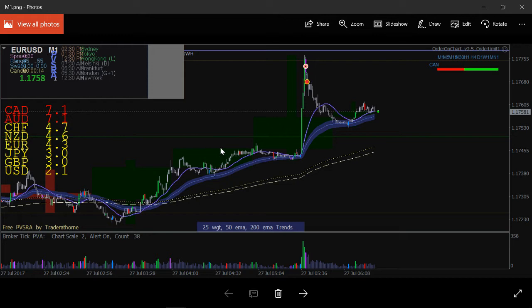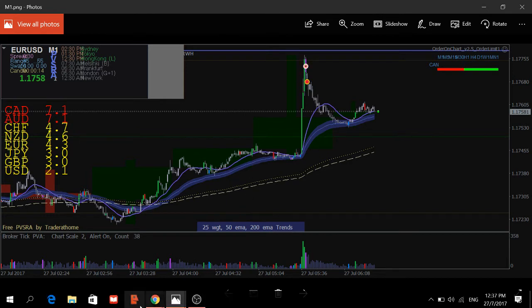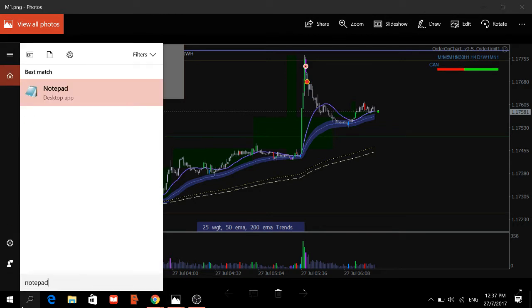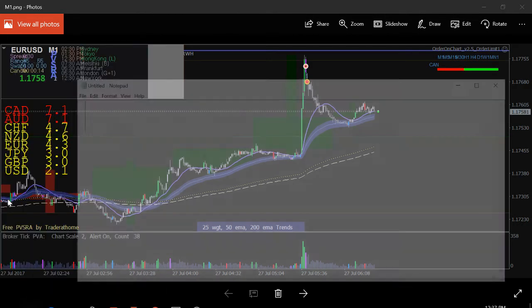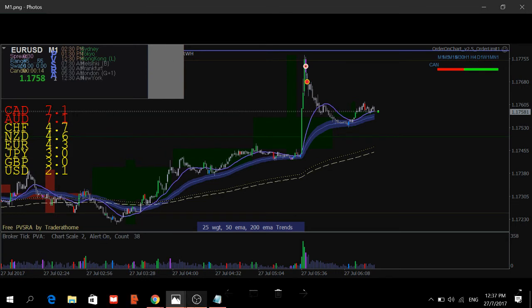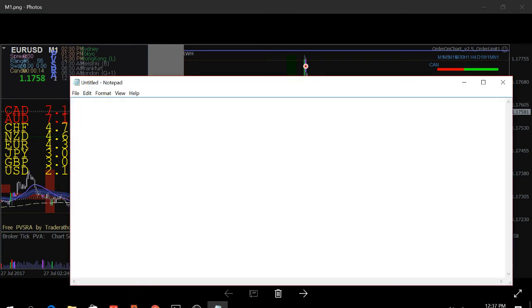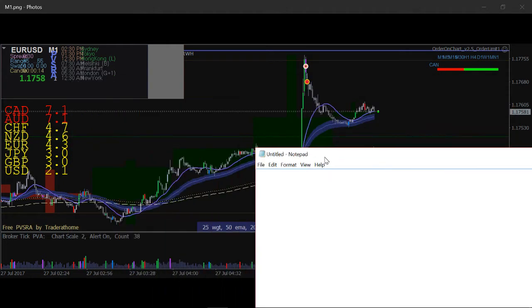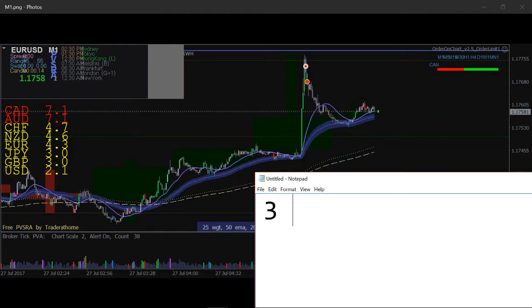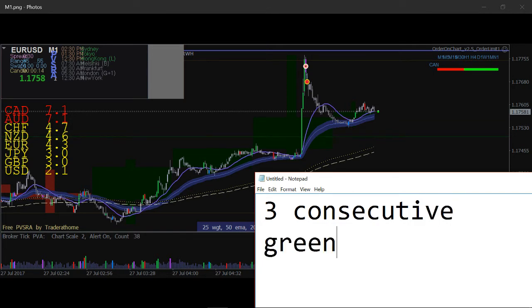And what can I see here? So I can see that price was going all the way up. Let me write to you guys. First of all, I can see that we got here three consecutive green candles.